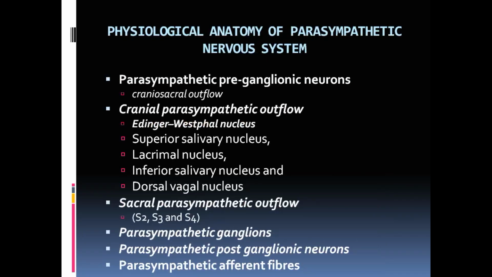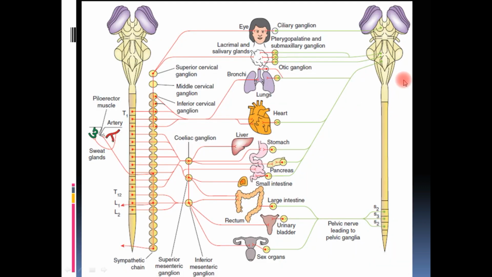Now coming to the inferior salivary nucleus. The preganglionic neurons arising from the inferior salivary nucleus are carried through the 9th cranial nerve, the glossopharyngeal nerve, and then synapse in the otic ganglion, and then supply the parotid gland.